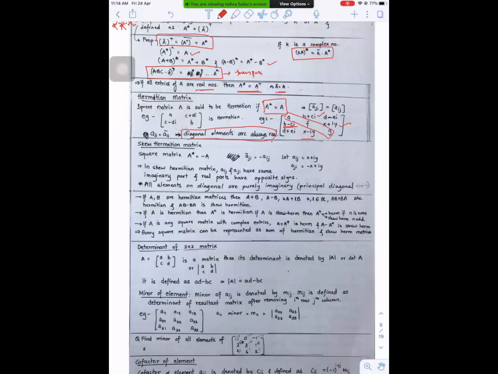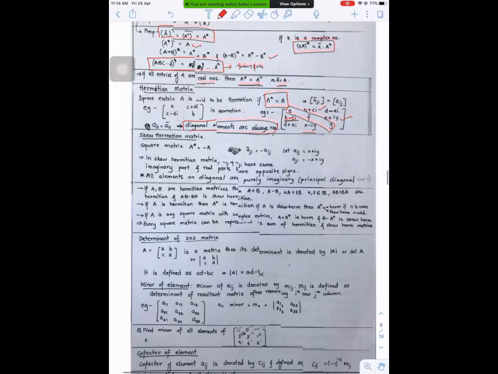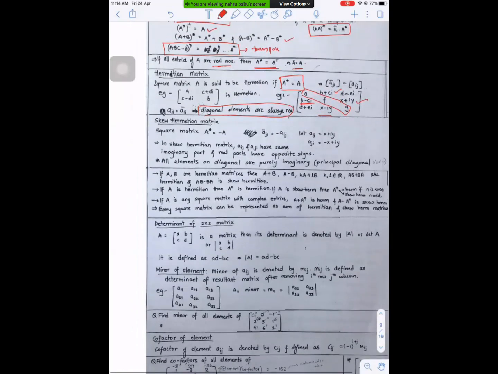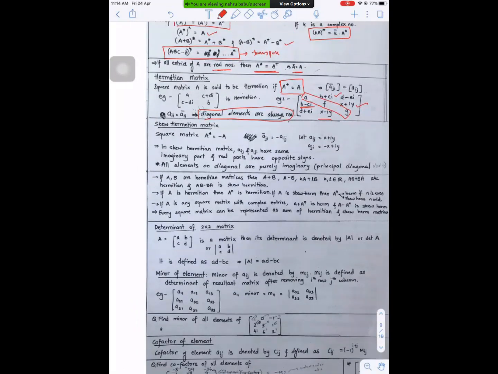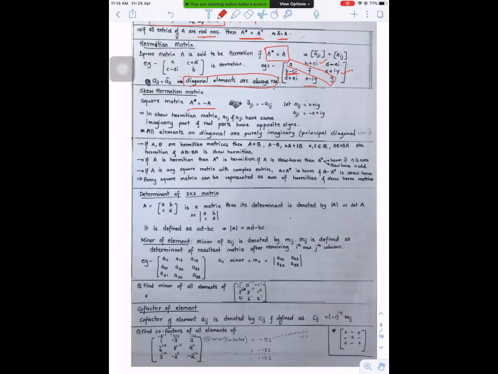Okay. Next, skew Hermitian matrix. In a skew Hermitian matrix, our definition is A star equal to minus A. So as A star equals minus A, Aij and Aji have the same imaginary part, but the real parts are of opposite sign.